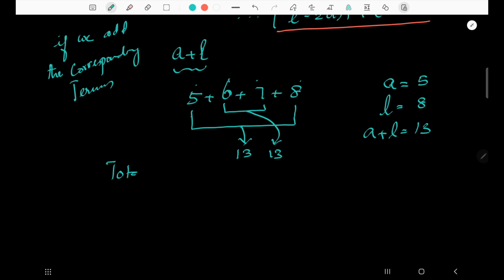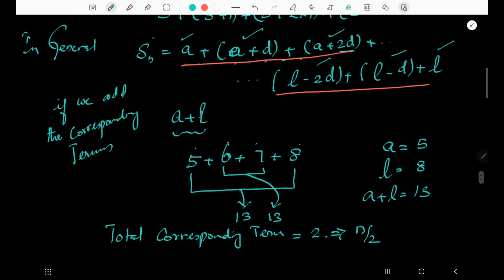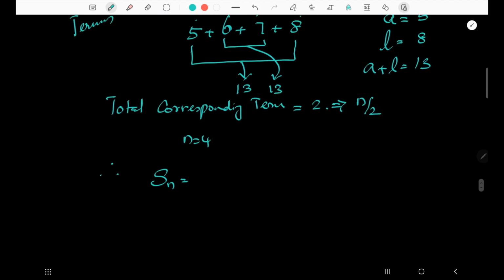Total corresponding terms: if n equals 4, what is the total corresponding? Because each one we are making a pair, the corresponding terms will be 2, right? That is, in general, we can say n by 2. So therefore the formula Sn equals n times of a plus L divided by 2, right? A plus L divided by 2.